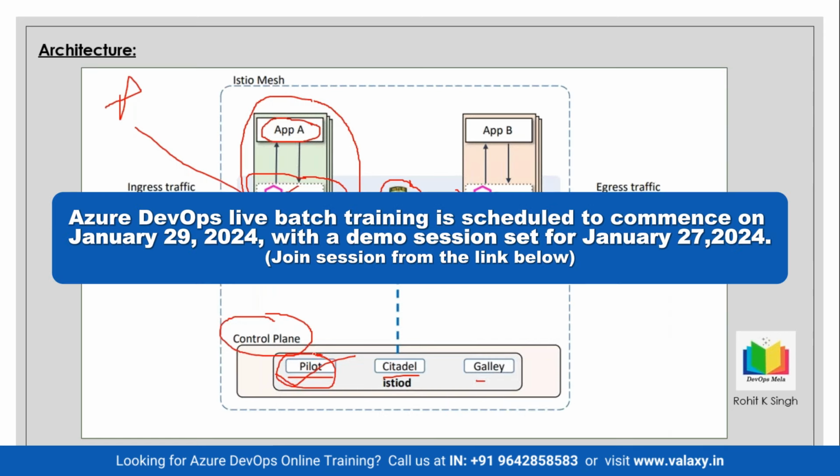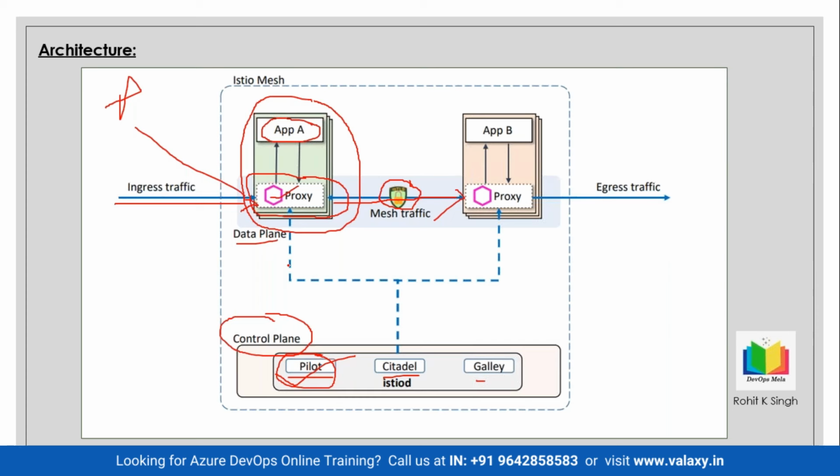He's handling all the configuration and programming for the sidecar container. Some of Pilot's responsibilities: observing the service topology, traffic shifting, fault injection, request routing, mirroring, so many things it does.